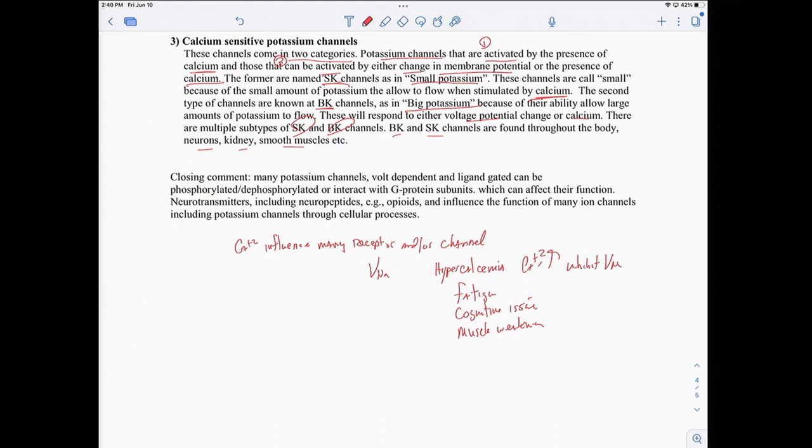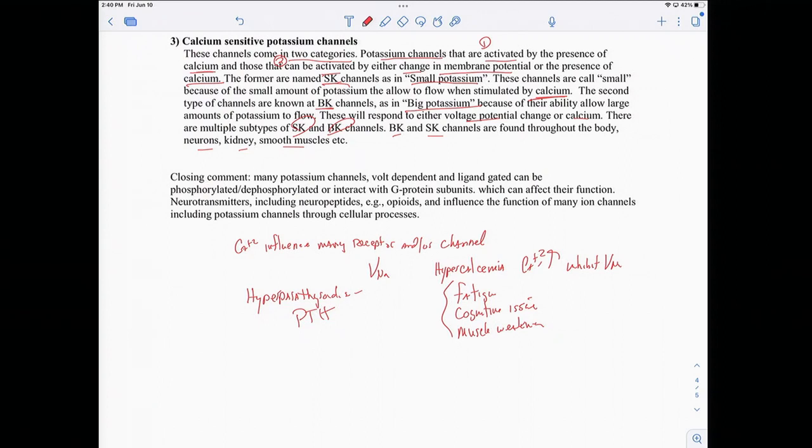This would be classic for someone who has hyperparathyroidism. As you may have learned before, if you have hyperparathyroidism, you have too much PTH, and PTH is a hormone that is going to encourage your body to retain calcium.